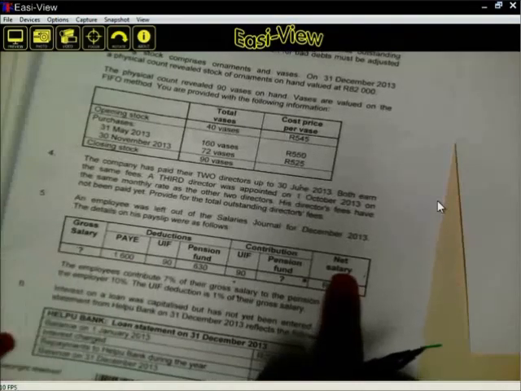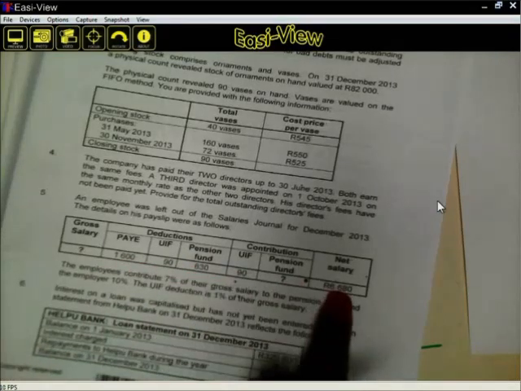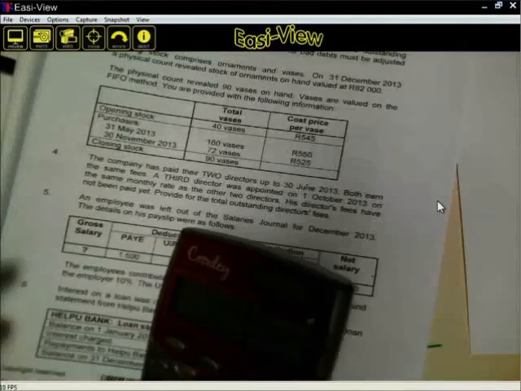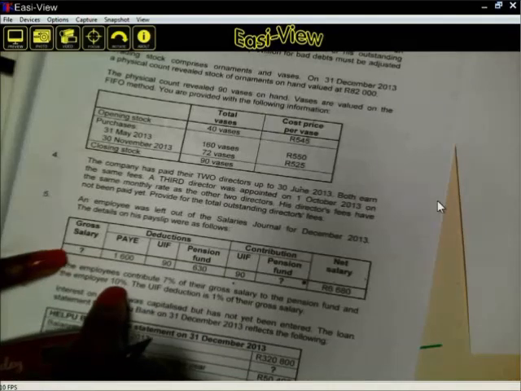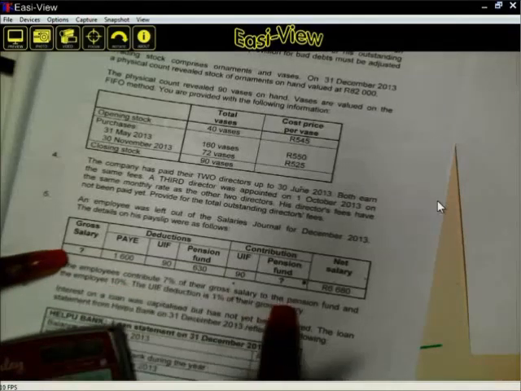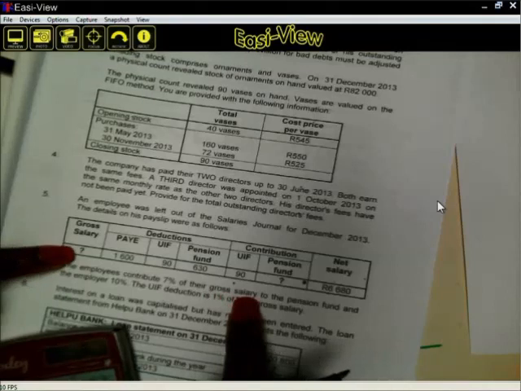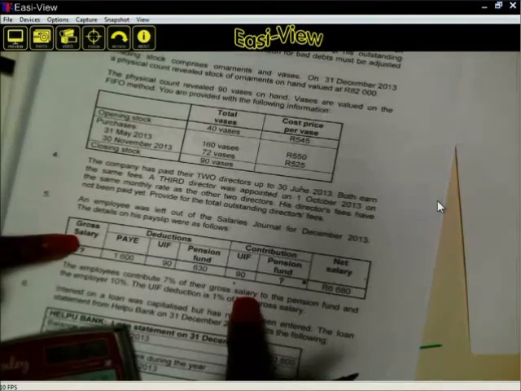We're having 9,000. You add the net salary plus the deductions, PAYE, UIF, and pension fund. So our gross salary is 9,000. The 10% must be from our gross salary.